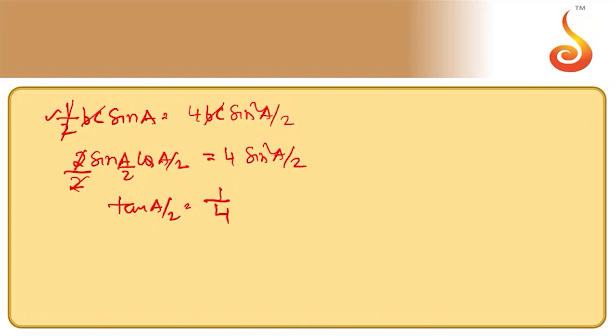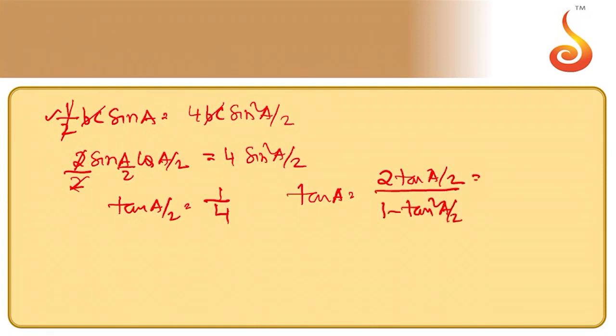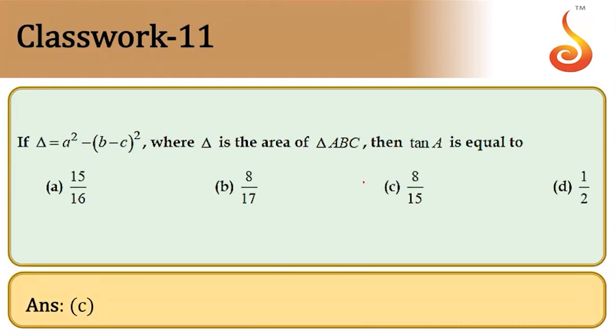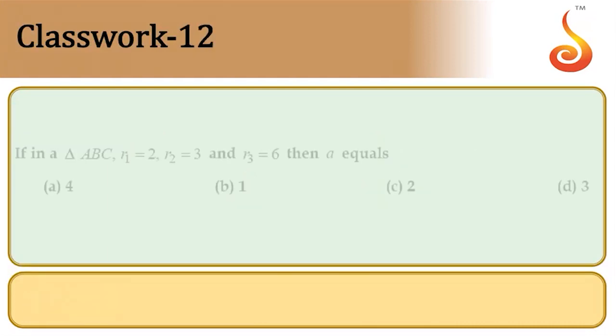They are asking to calculate tan A. Tan A is 2 tan A by 2 upon 1 minus tan square A by 2. We get 2 into 1 by 4 by 1 minus 1 by 16. So this will give you 8 by 15. So option C is correct, 8 by 15.